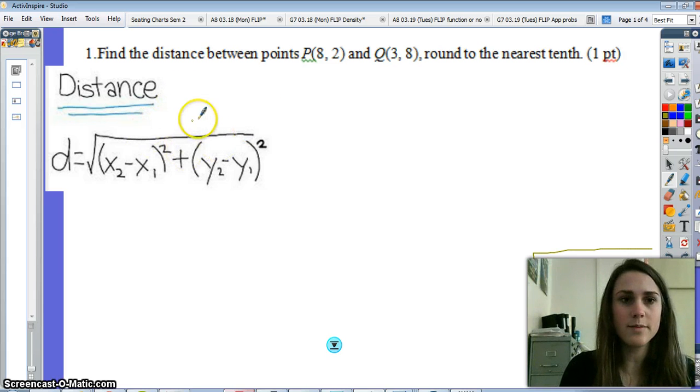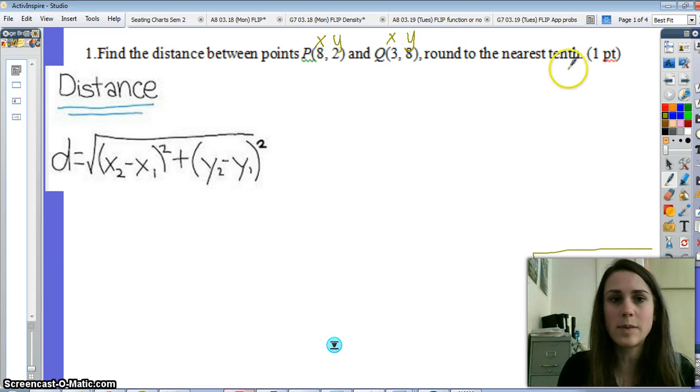So to solve this problem, it's helpful to know the distance formula, which is given right here. And whenever you're doing a distance formula problem, it's helpful to first label the x and y coordinates on our points. So we know that every point is given by an x and a y. That's just the rule for when we plot points on a coordinate plane.